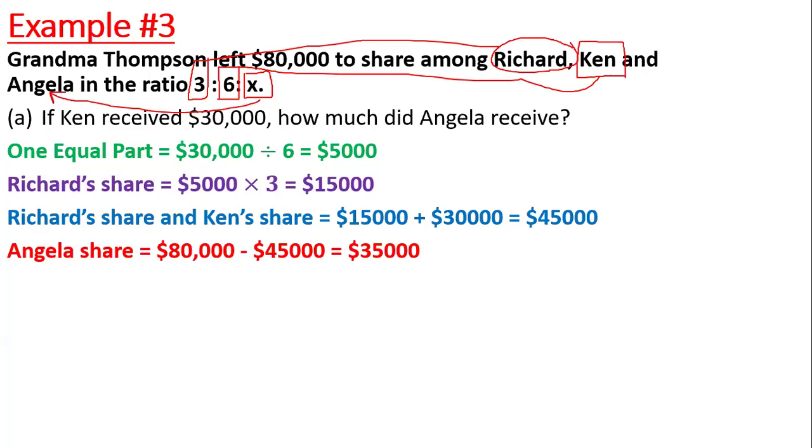And then you'd minus that from the original amount, 80,000, and it gives you 35,000. Okay, very good. So now we have 35,000.